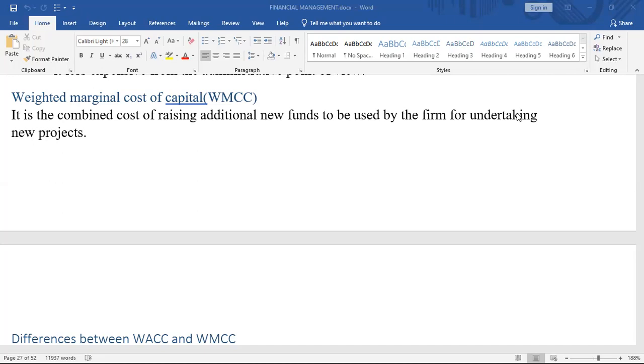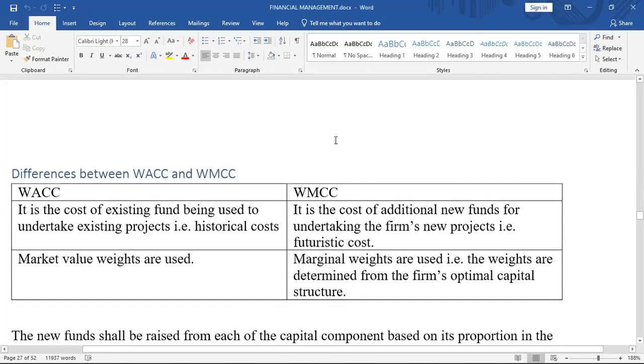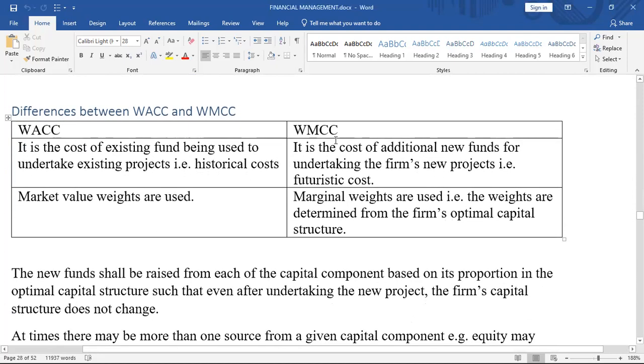When you look at the differences between the WACC and WMCC, the WACC is the cost of the existing funds being used to undertake the existing projects, which is the historical cost. But the WMCC is the cost of the additional new funds for undertaking the firm's new projects, and that is what we call the futuristic cost.